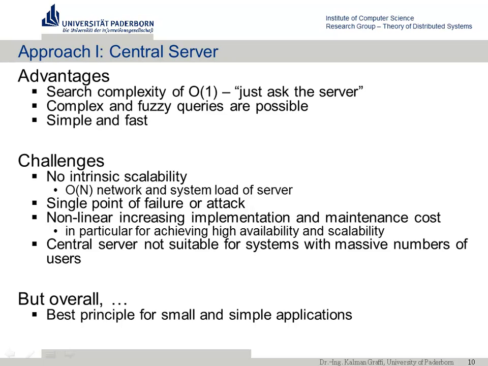However, it still doesn't scale very well. The server needs to maintain the index of all of these nodes and has to maintain the global view. It's also a single point of failure or attack. If the server is down, then your application is worthless. There are also nonlinearly increasing implementation and maintenance costs.